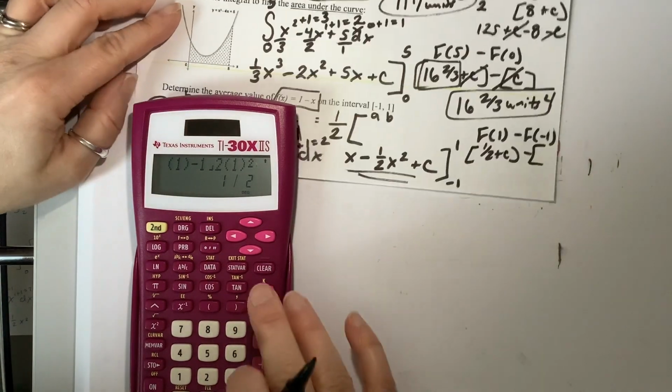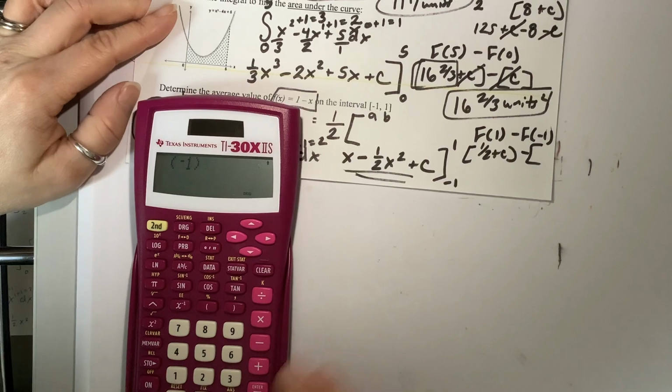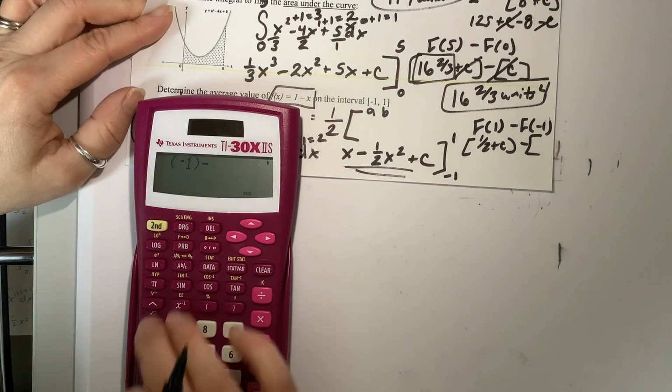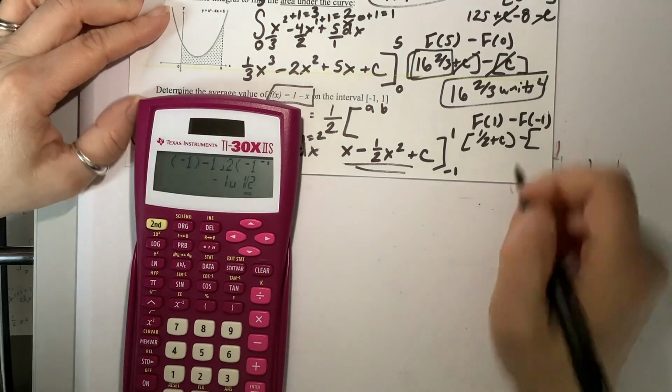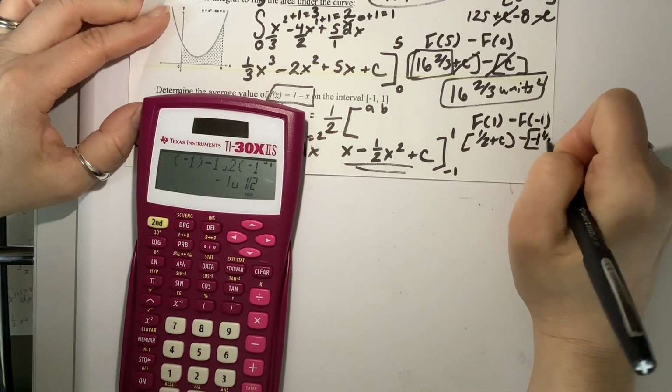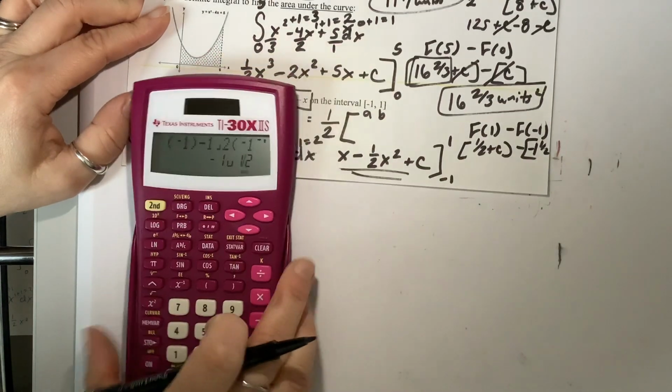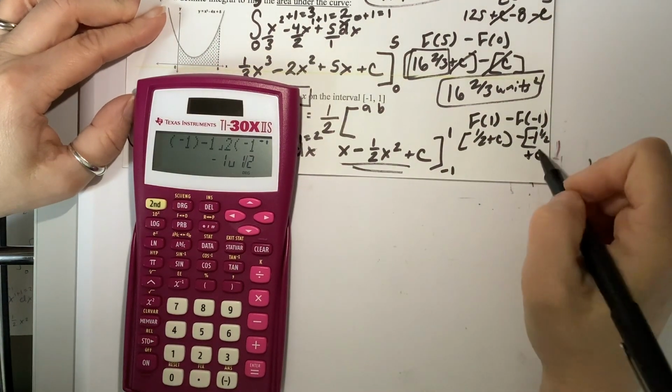Minus, okay, well, what if it's a negative 1? Negative 1 minus 1/2 times negative 1 squared. This is negative 1/2. Okay, that's what I got, negative 1/2 plus c.